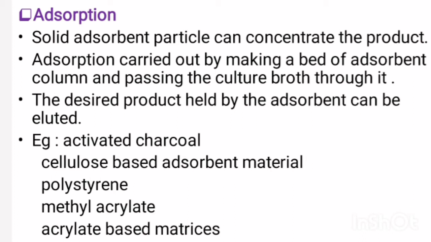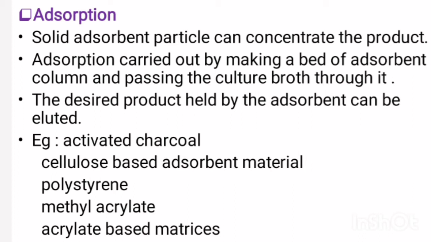Adsorption is done by making a bed of adsorbent column and passing the culture broth through it. So the product interacts with the adsorbent and the product can be eluted. In the early days, activated charcoal was used as the adsorbent material.